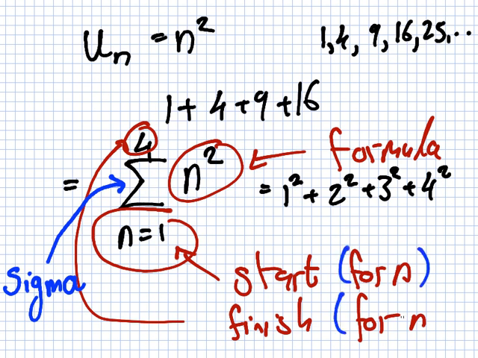So in other words, I'm saying what's the first and what's the last value to use for n. So you start with 1, but you increase until you get to 4.